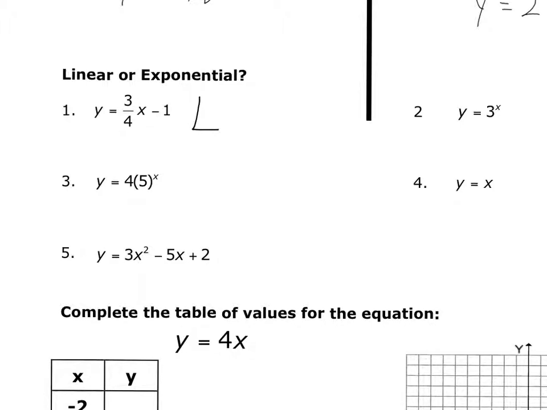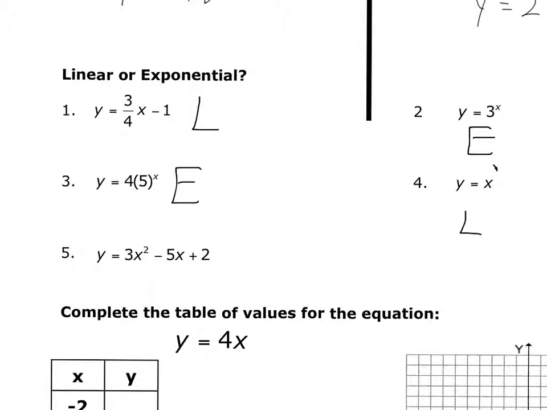Okay, number 2, you have an exponent that is a variable, so that is going to be exponential. Okay, number 3, you have another one where a variable is your exponent, so that's going to be exponential. Number 4, y equals x. You don't have a variable that's an exponent, and you have your exponent as 1. Okay, so this one will be linear.